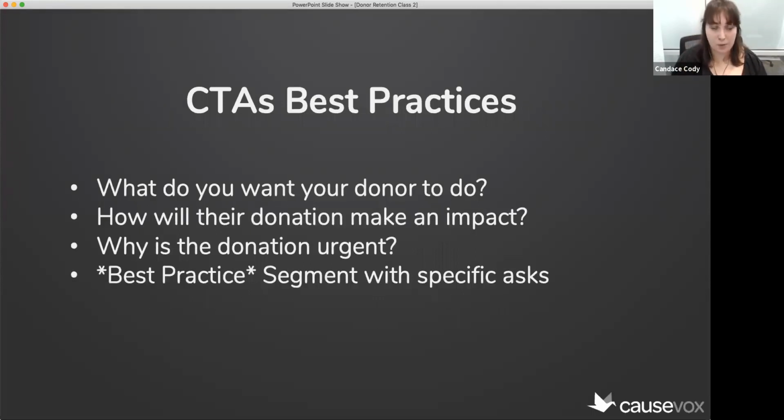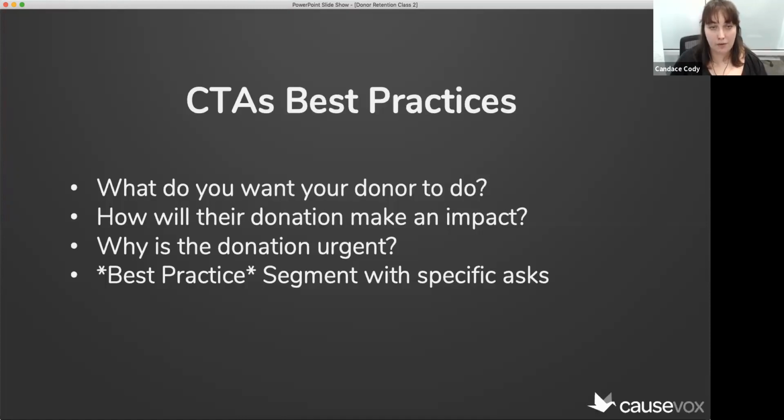Just best practices when you're constructing a call to action. So you want to answer the questions: what you want your donor to do, how their donation will make an impact, and why is this donation urgent? I think that last one can get lost sometimes.